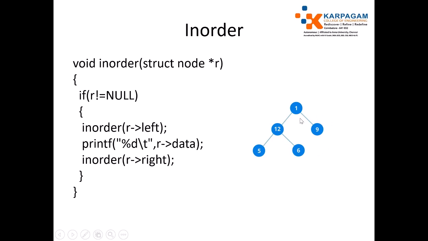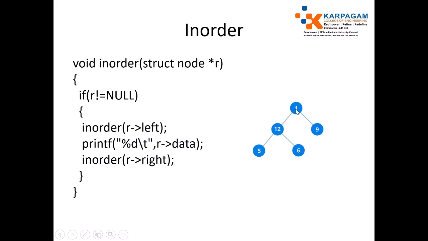Here I pass the address of the root node, node 1, to the in-order function. It checks the condition, gets the address of the left node, and passes it into the in-order function. So now this will perform in-order traversal in terms of 5, 12, 6.